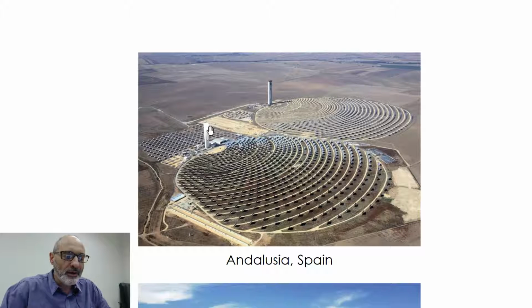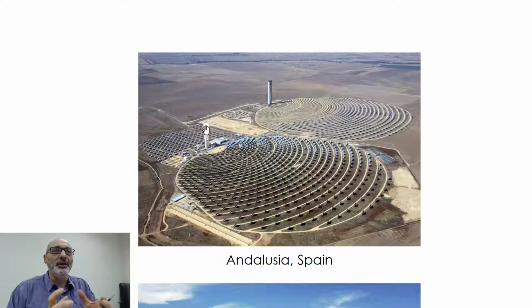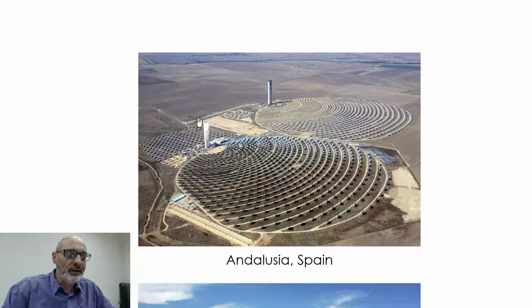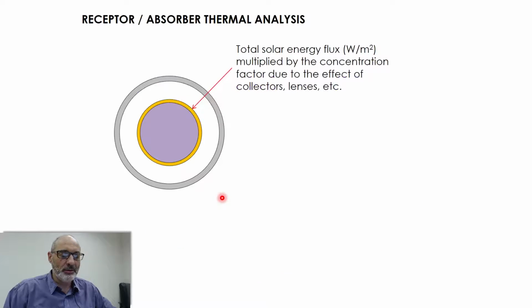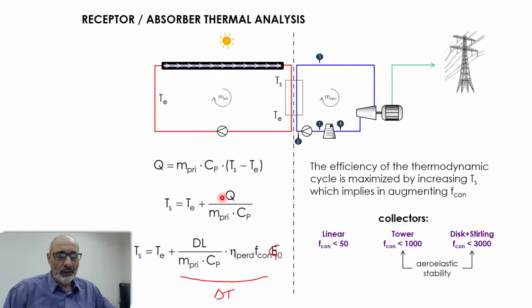So the focal point actually becomes a blur, okay? So you have a loss of concentration efficiency due to the structural stability of these reflectors here. So that's something to take into account. Okay, let's move on.